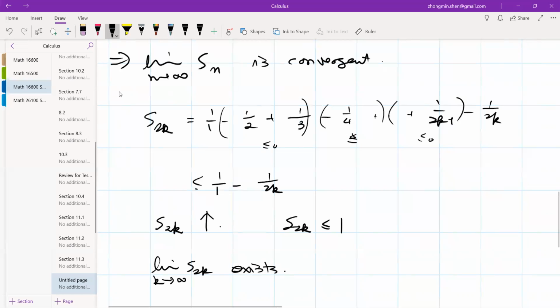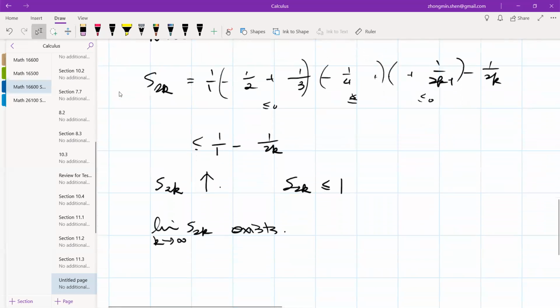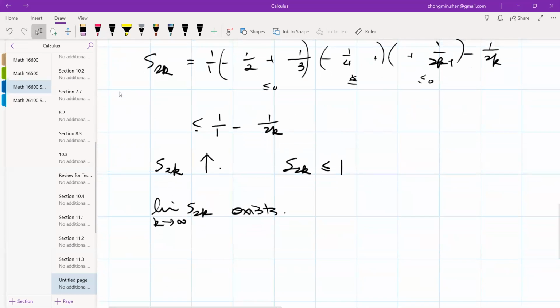So that's another argument to show the limit of S2K exists. But this can be used for more general alternating series, so let me state the theorem.